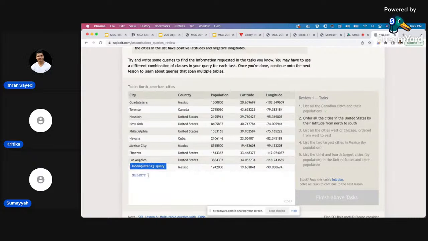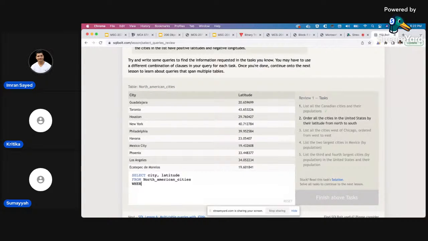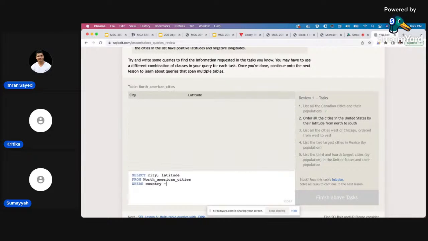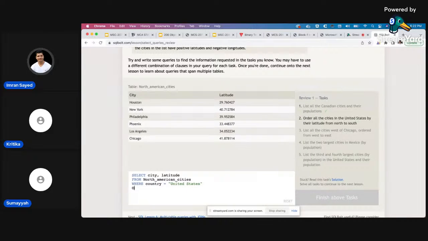Select city, latitude from North American cities where country equals United States. Okay, order by, we want the highest first, so descending. But which order? I want latitude order, so you have to specify the column name.